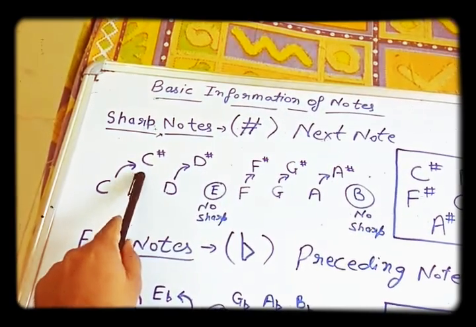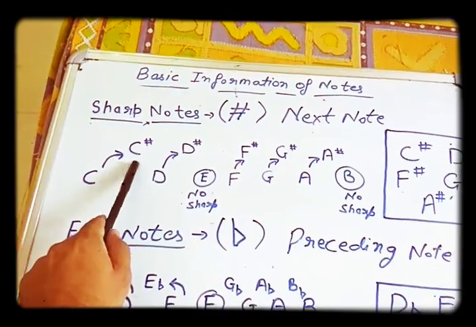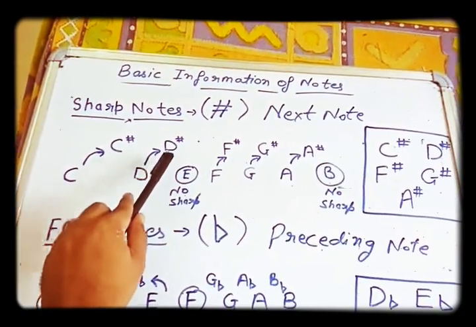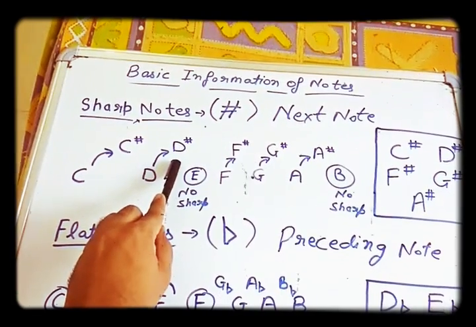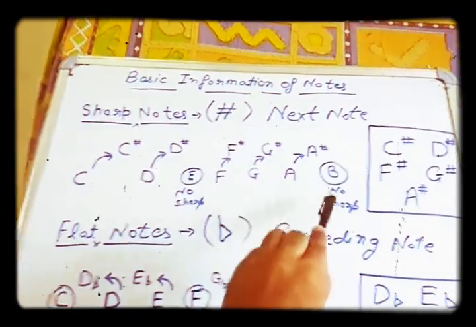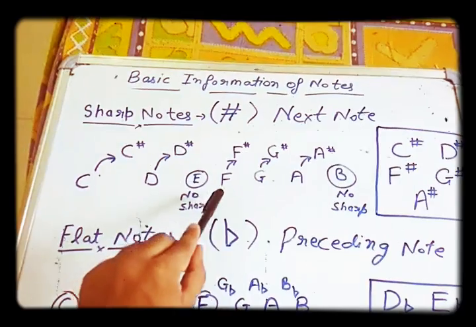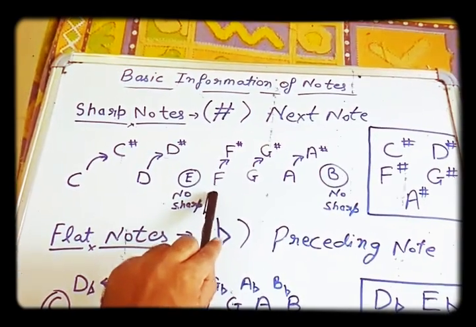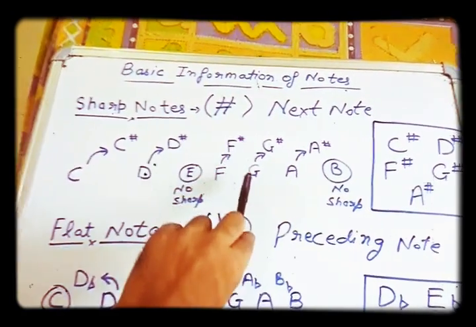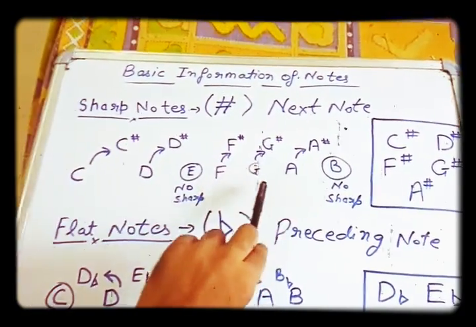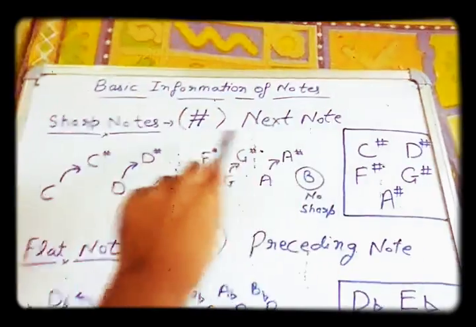That is why it is called C sharp. Similarly, the D sharp note comes directly after the D note. E and B have no sharp notes, and in the same way the next note from F is F sharp. Similarly, G sharp and A sharp. So, the next note.